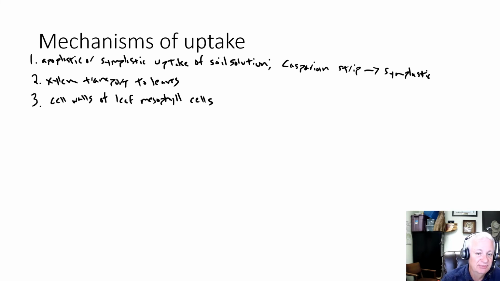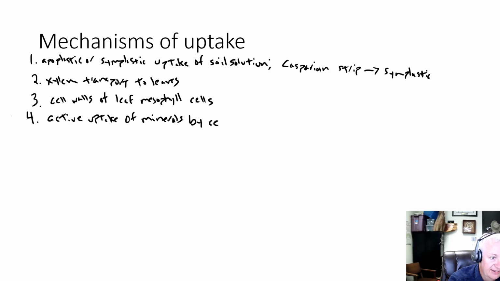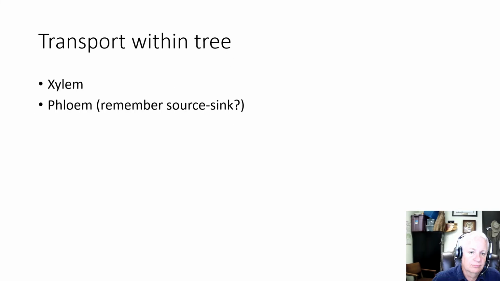So there's some leakage because those mineral elements are not contained in cells yet. And then from that cell wall, there has to be active uptake of minerals by the cells in the leaves. Okay, so that's how the initial uptake and transport of nutrients occurs.